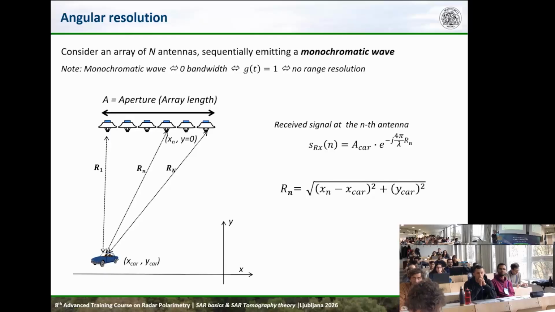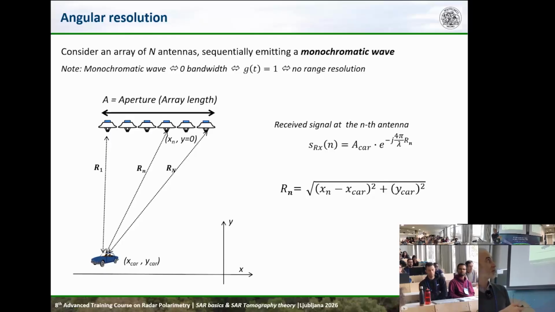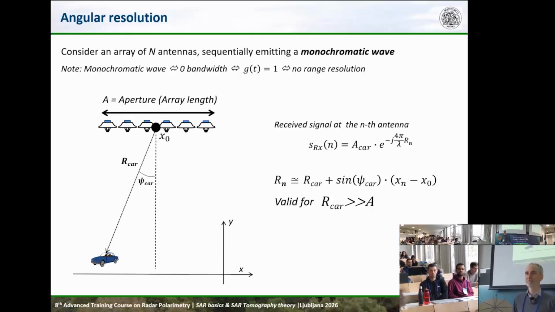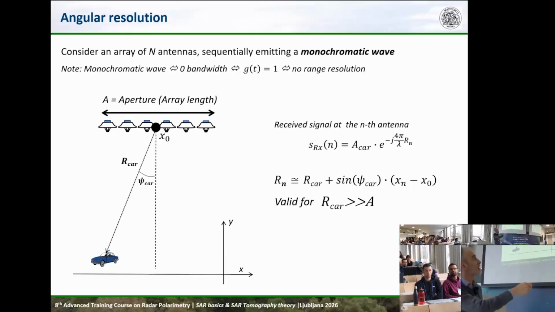And this distance, now this is a fundamental approximation everywhere in radar processing and everywhere in wave studies. What we do, you see, this distance has a square root. Square roots are difficult. We don't like them too much. So what we do, we linearize it. It means basically that we try to look for an expression by which we can express the variation of distance of the same car to the different antennas simply as a linear function.